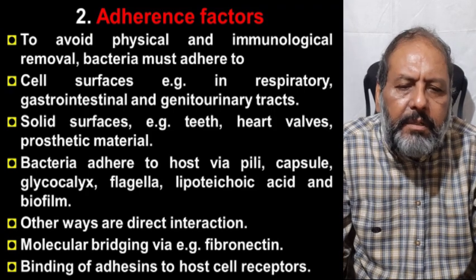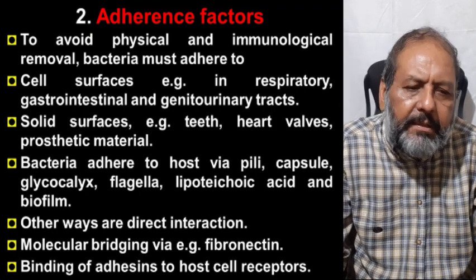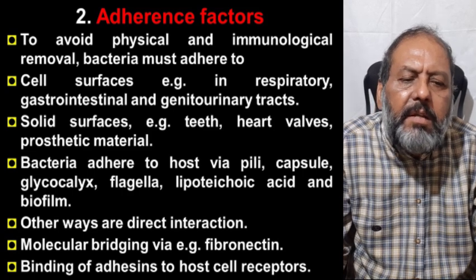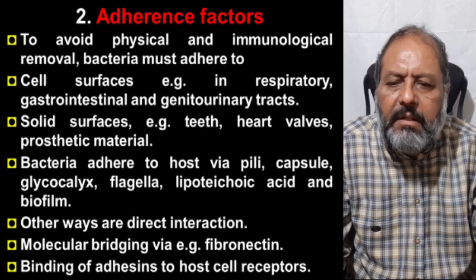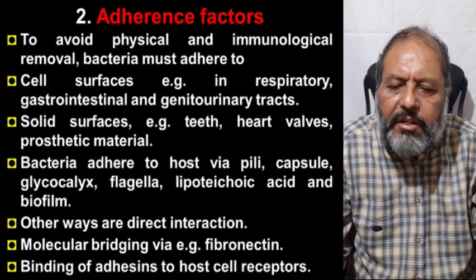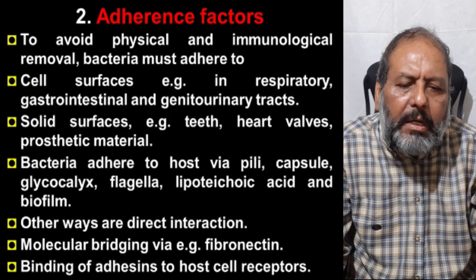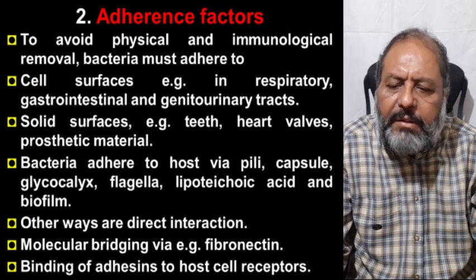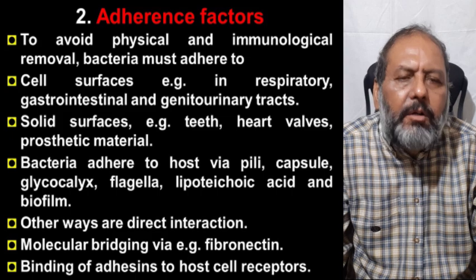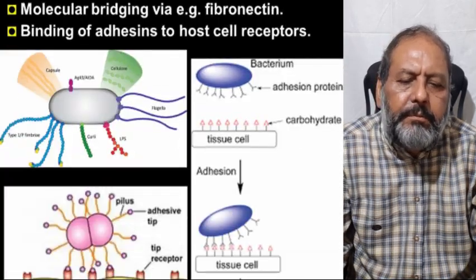Bacteria adhere to the host via pili, capsule, glycocalyx, flagella, liponucleic acid fibers, and biofilm. Other ways are direct interaction, molecular bridging via fibronectin, and binding of the adhesin molecules to the host cell receptors.